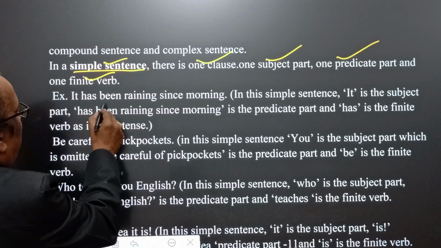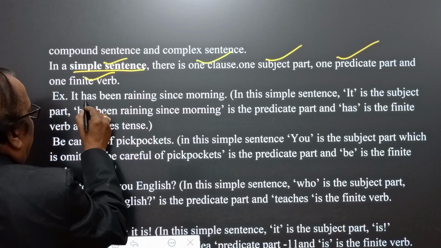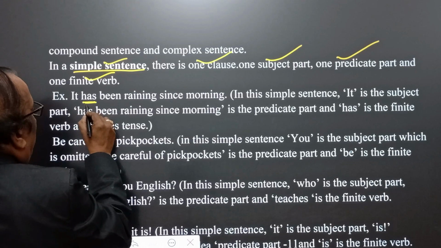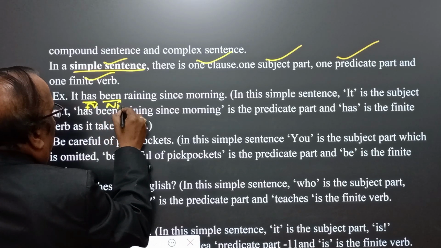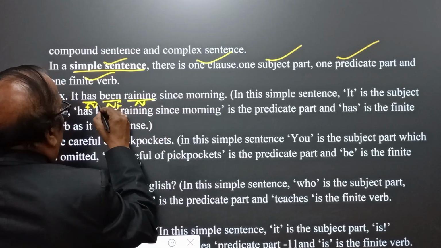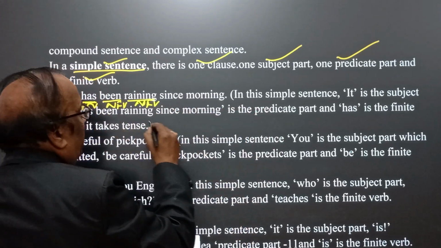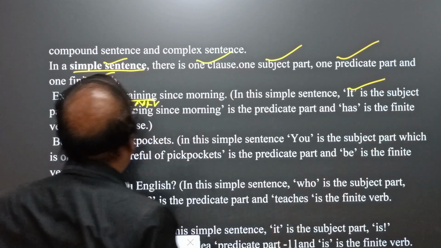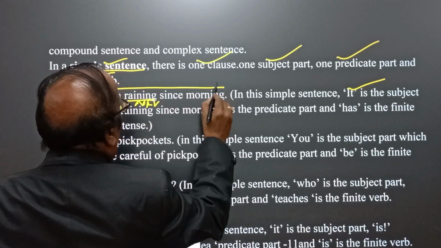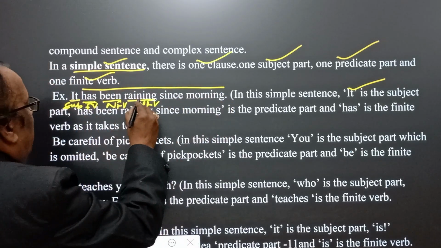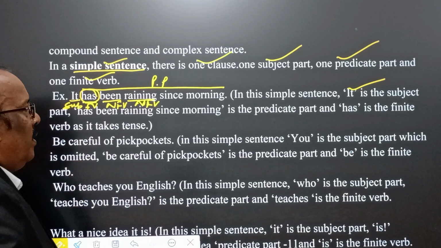Here we have an example: it has been raining since morning. Another example, it has been raining. Here we have has, the finite verb, been, a non-finite verb, raining, a non-finite verb. In this simple sentence, it is the subject part, and has been raining since morning is the predicate part, and has is the finite verb.